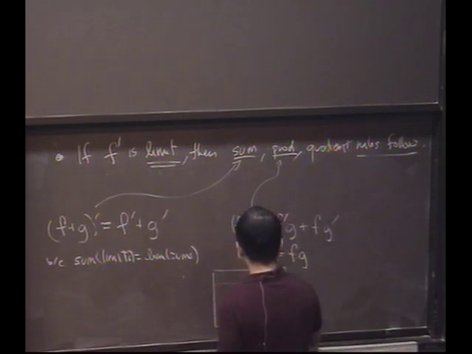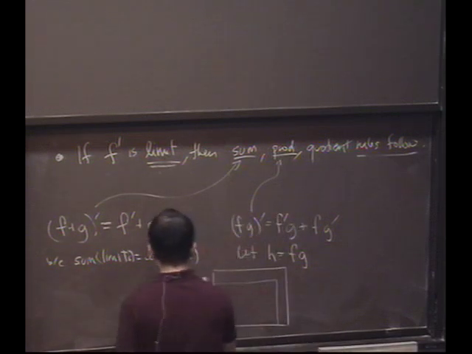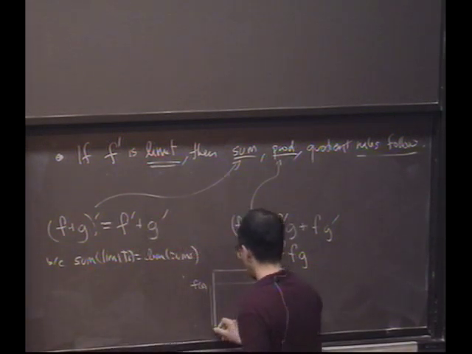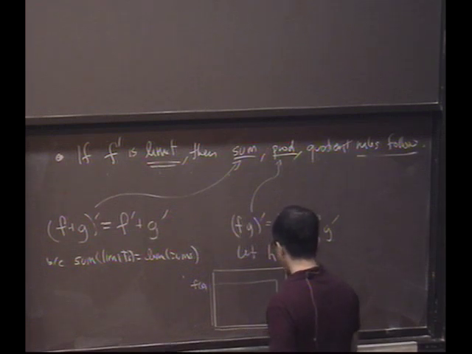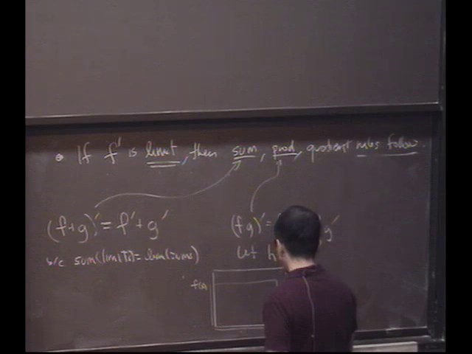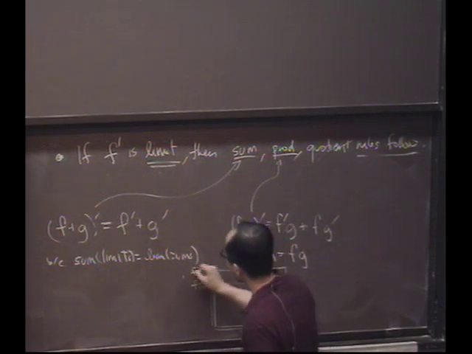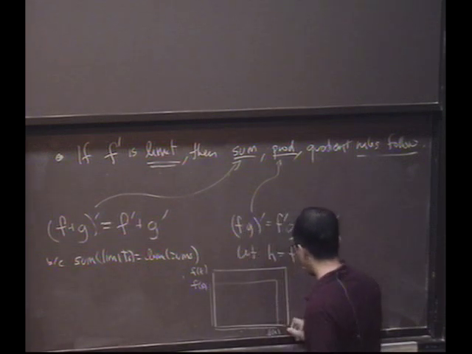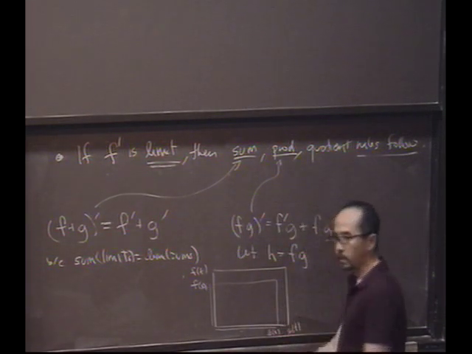Imagine at some time x, you have this particular width and this particular height, f of x, g of x. But then at some time a little later on, the height is f of t, and the width is g of t.